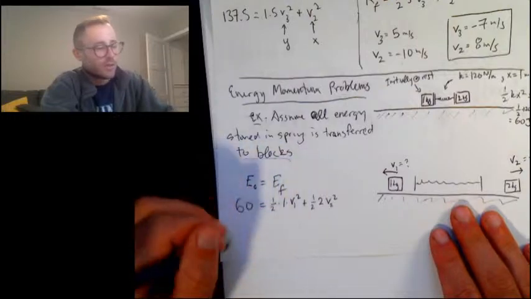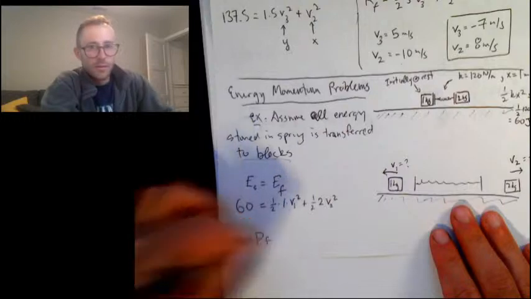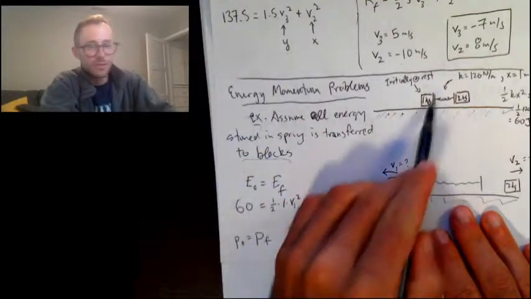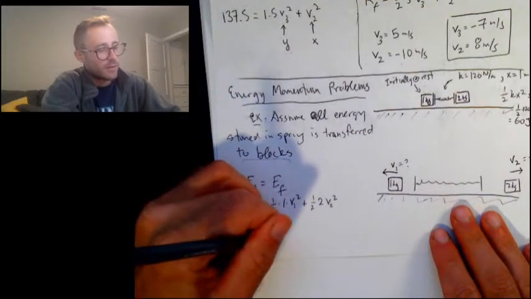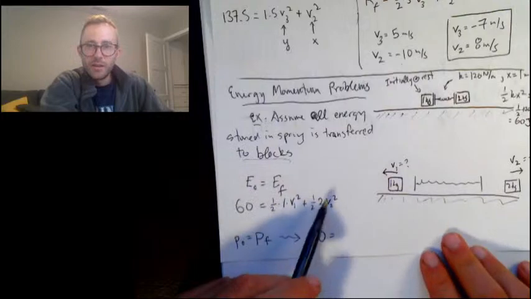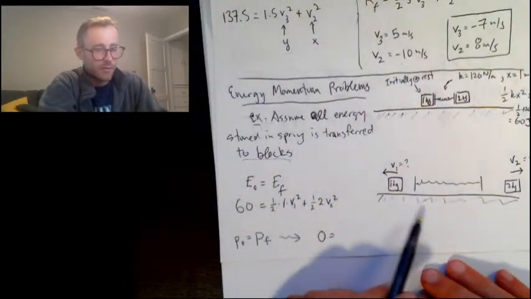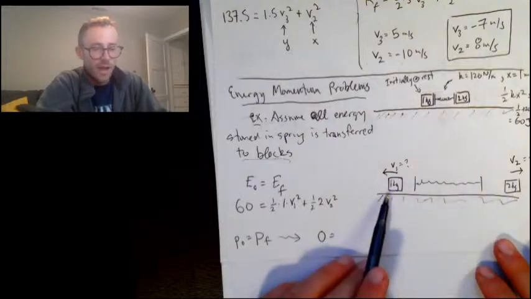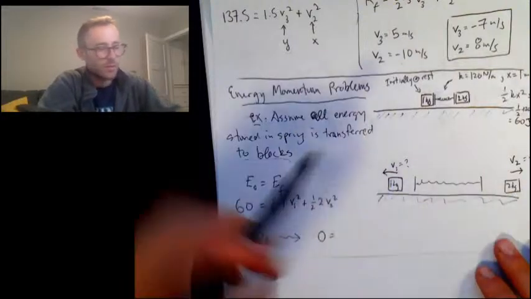The initial momentum is 0 because nothing was moving. So we have 0 equals, and then after the spring decompresses, we have an abstract expression for the momenta in terms of the 2 kilogram and the 1 kilogram block.